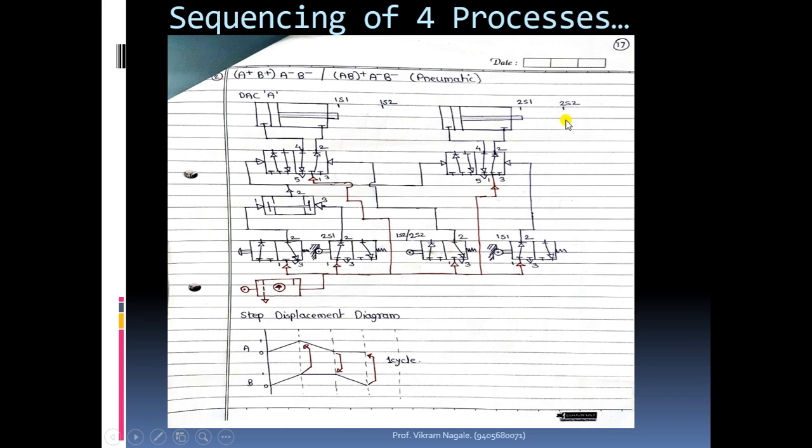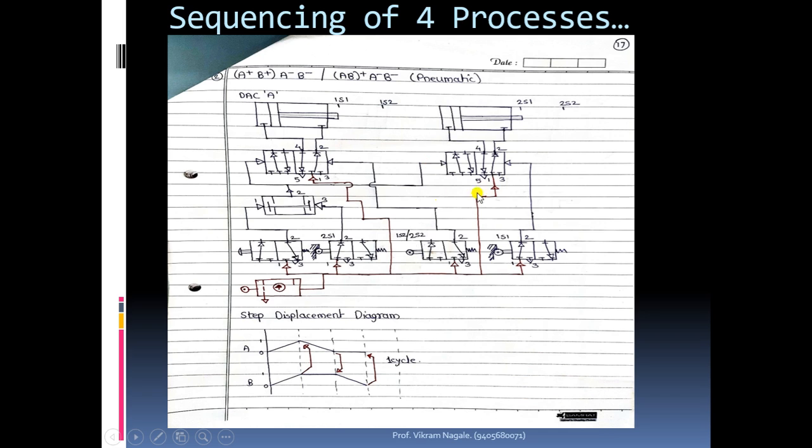Because of this the rod end of cylinder B will come towards 2s1. It came to 2s1, meaning 2s1 is pressed, and once 2s1 is pressed, the second cycle will start again.